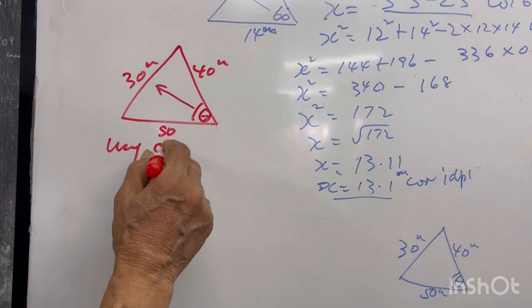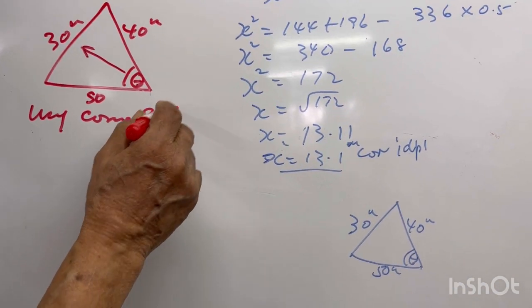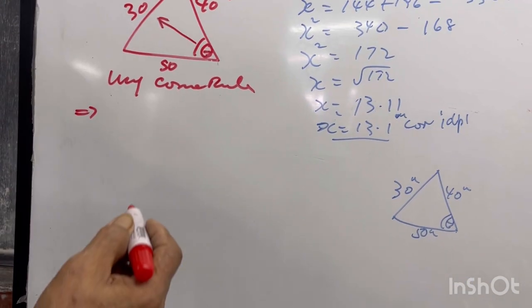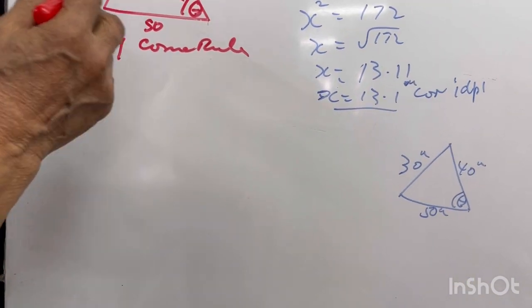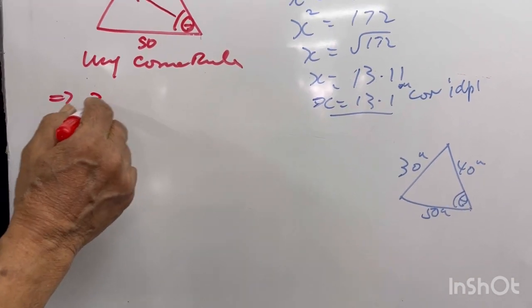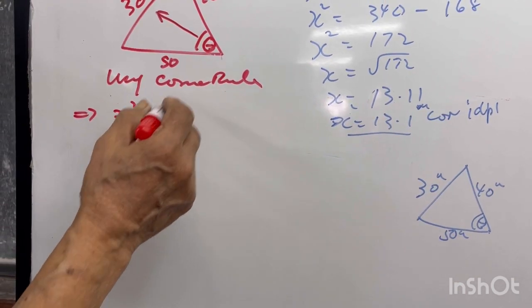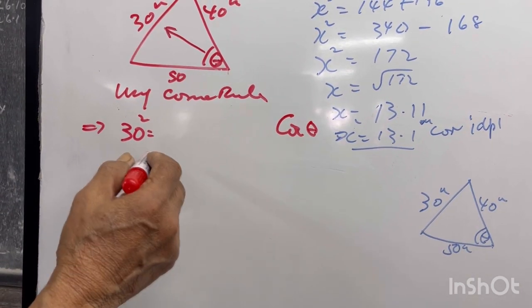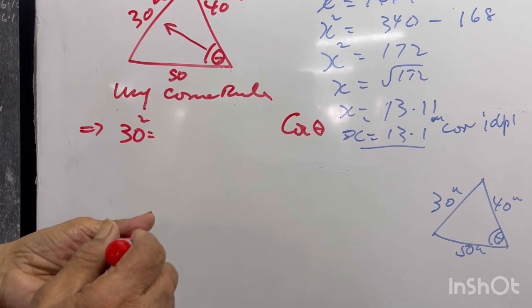Using the cosine rule, it implies what the cosine rule says. Cosine rule says, write down the pair: the left hand is the side, square it, and the right hand is the angle, cos the angle. What goes in the middle?